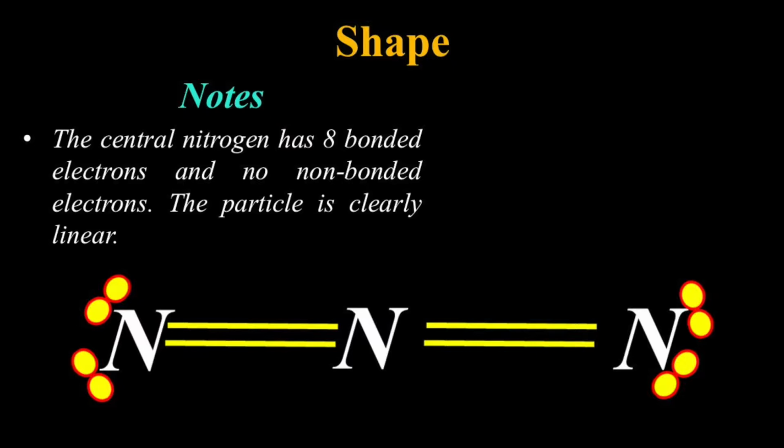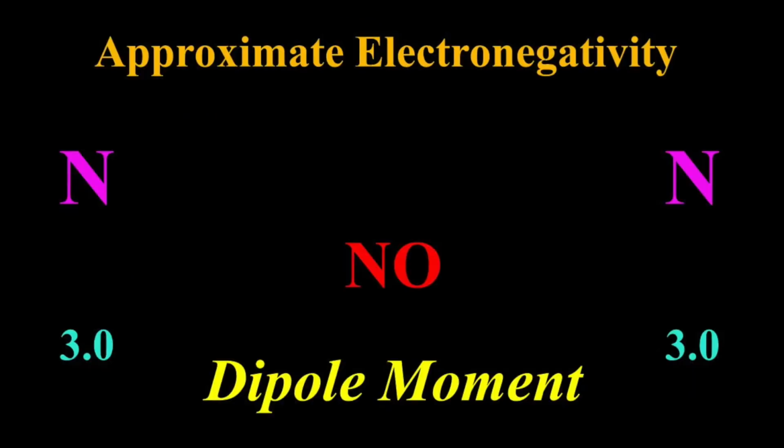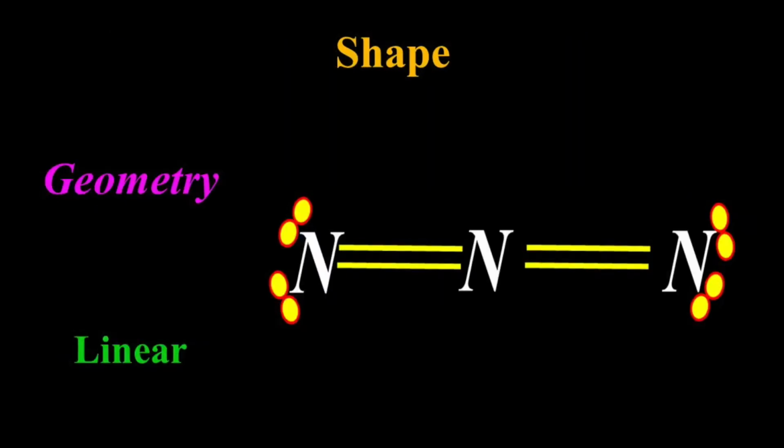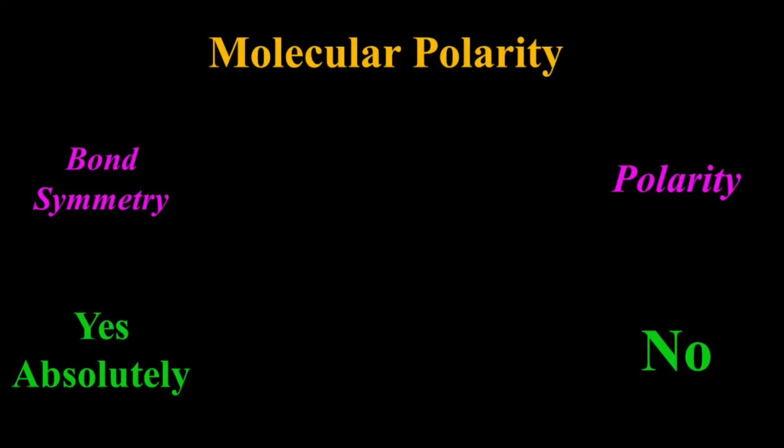A little confusing, but not too bad. No dipole, no polarity. Everything is fine. It's a non-polar linear molecule. The reason there's no dipole, there's no shift. So bond symmetry, yes, absolutely, and no polarity.